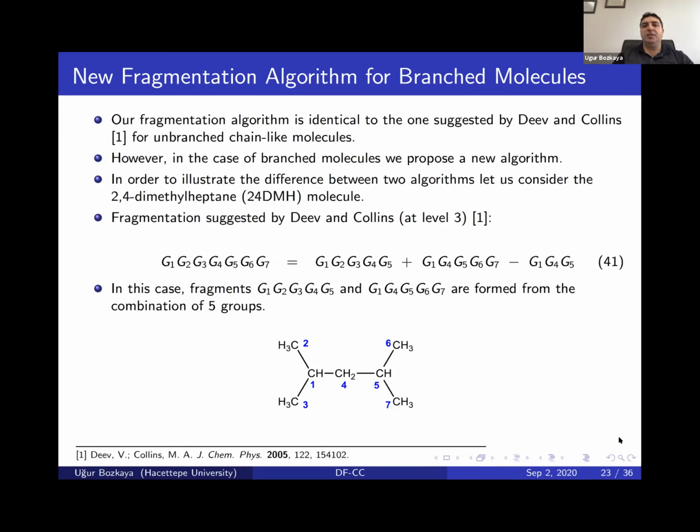And the fragmentation suggested by Deev and Collins yields this fragmentation scheme at level 3. Please note that in here we have 2 fragments with 5 groups. Normally at level 3 fragmentation for a chain-like molecule, the largest fragment should include at most 4 bodies. But in here it includes 5 bodies.